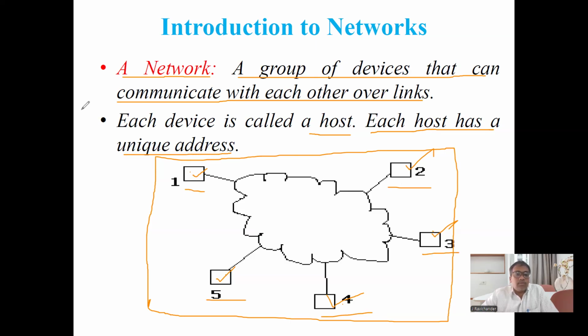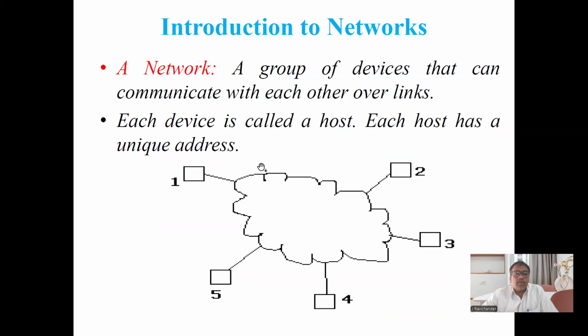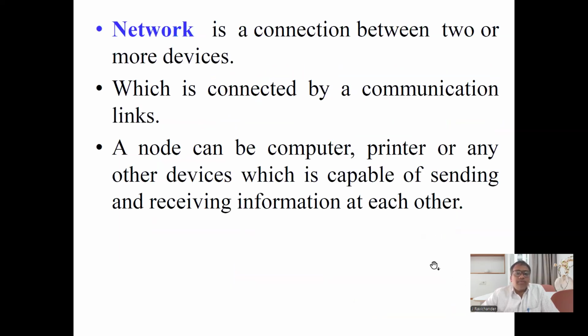Now, another definition for network. Network is a connection between 2 or more devices, which is connected by a communication link.